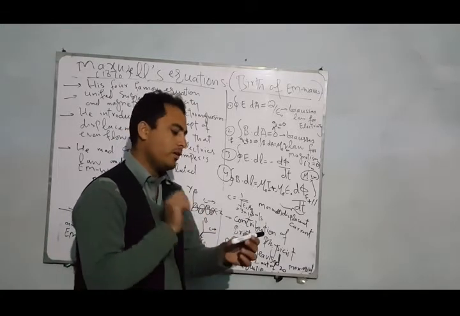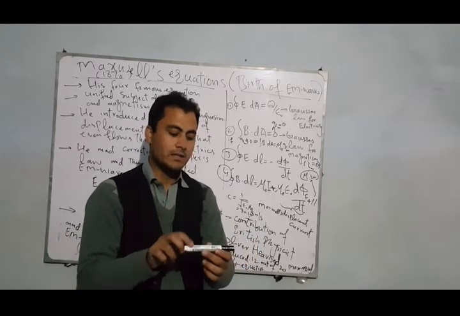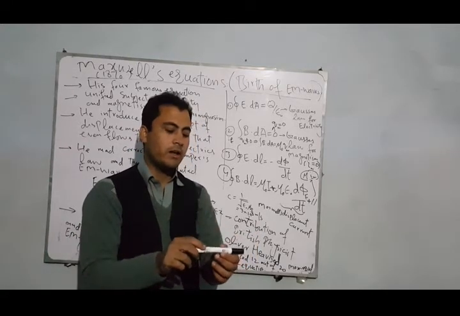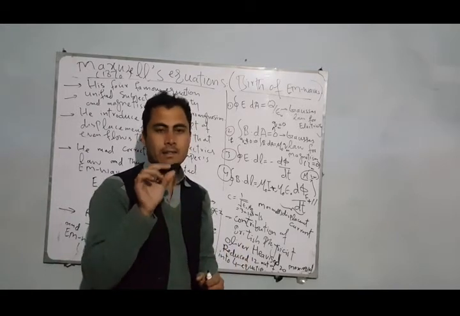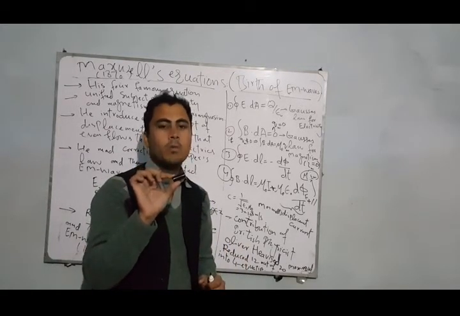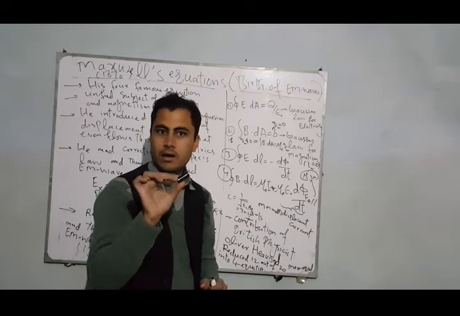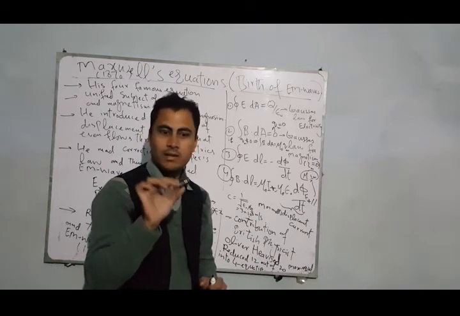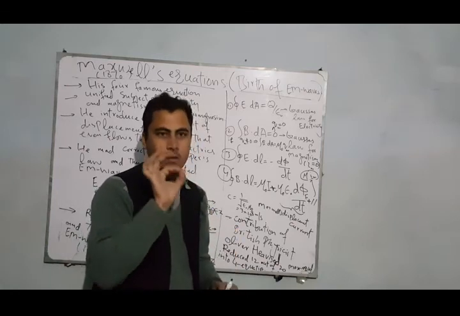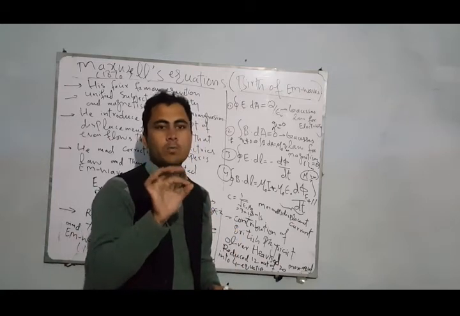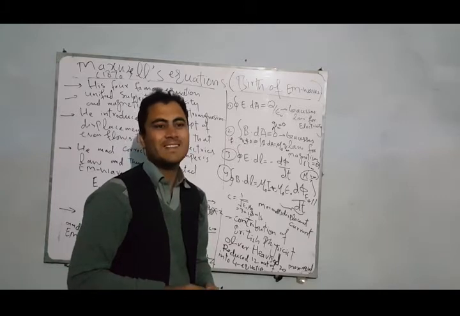In other words, if we explain it like this, for example, this is a bar magnet and we cut this bar magnet into small pieces, then again each small piece also contains two poles, north and south pole. It cannot contain a single pole because a magnetic monopole doesn't exist. And if we cut this in another half, then that half of half also contains two poles, because a magnetic monopole doesn't exist.